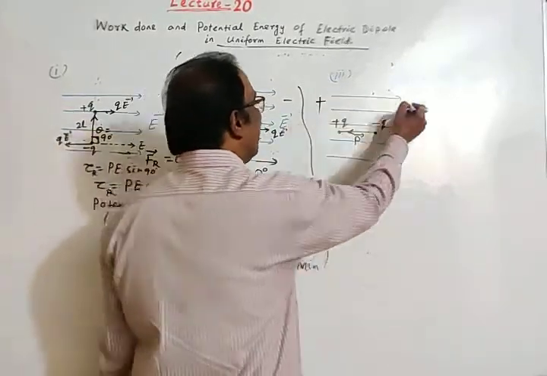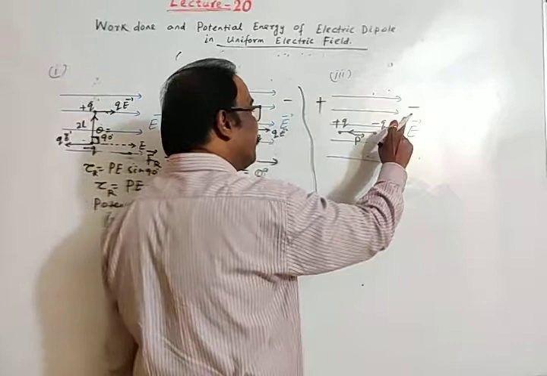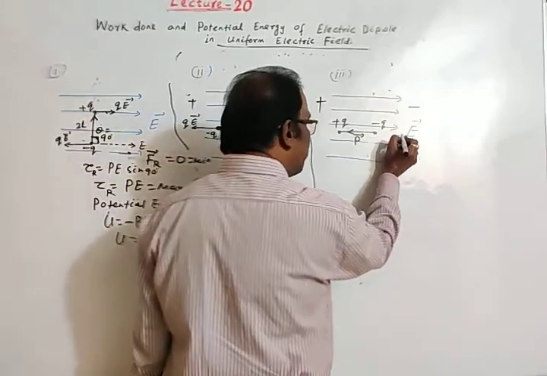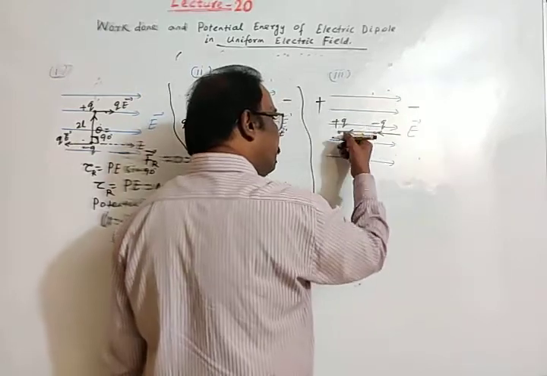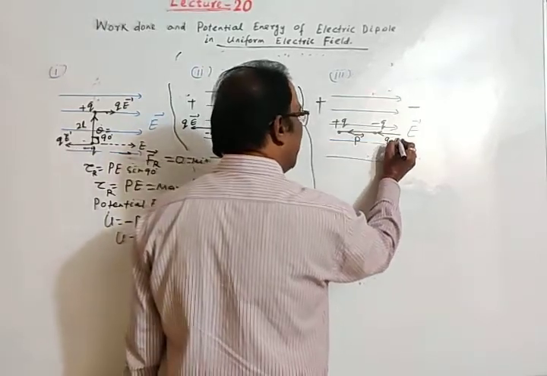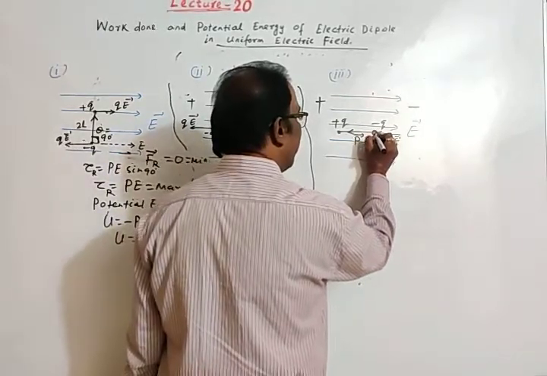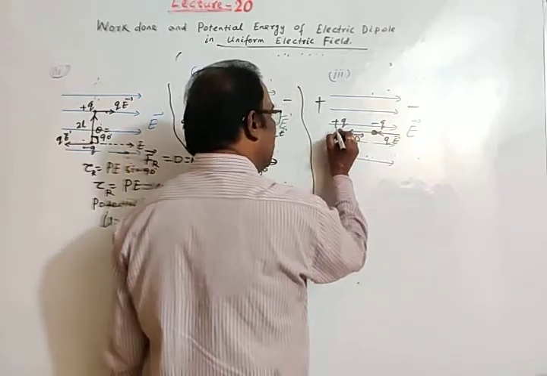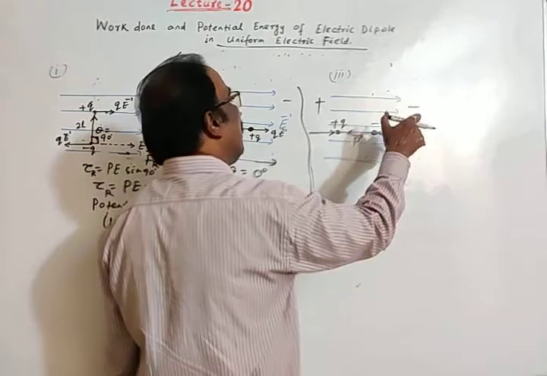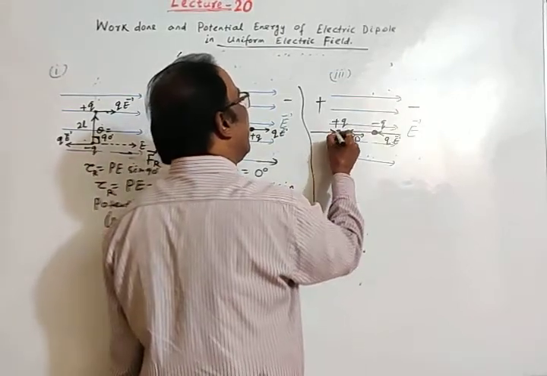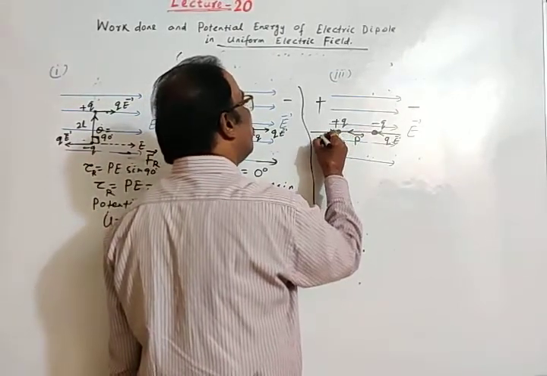Since the direction of electric field is from positive to negative, this minus Q will experience a force opposite to the direction of electric field, this is QE. And this plus Q will experience a force parallel to the direction of electric field, this force is also QE.